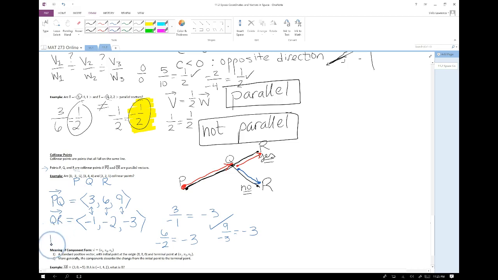What that means is PQ is -3 times QR. Because we're able to find a constant that relates these two vectors, that means these two vectors are parallel. And if those two vectors are parallel, that means the points that we used to create them must be collinear. So this is a yes. These points are collinear.